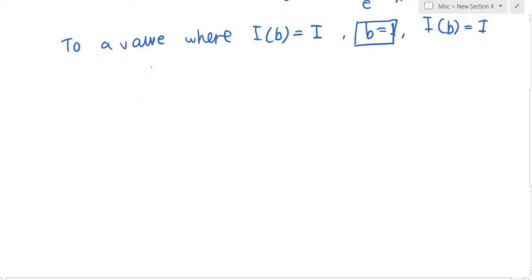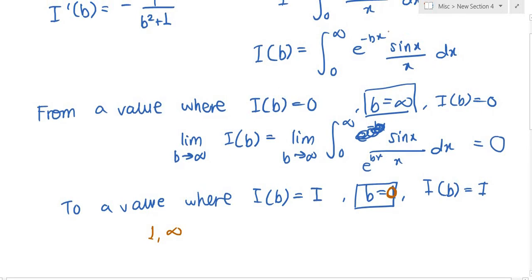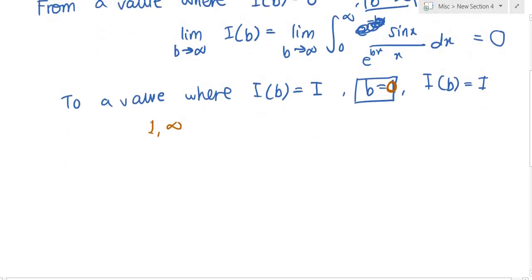So our bounds were 1 and infinity, right? Sorry, this should be 0, because when b is 0 we have e raised to 0, that's 1. So our bounds of integration are basically 0 and infinity, right? So let's calculate the integral from 0 to infinity of I prime of b db.